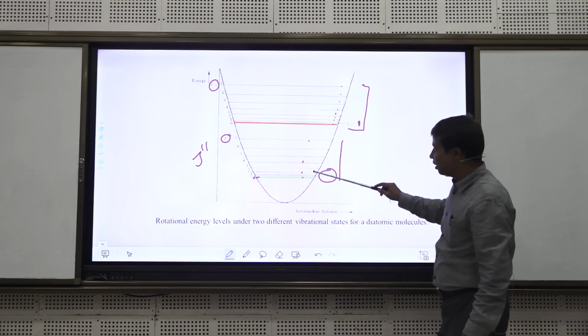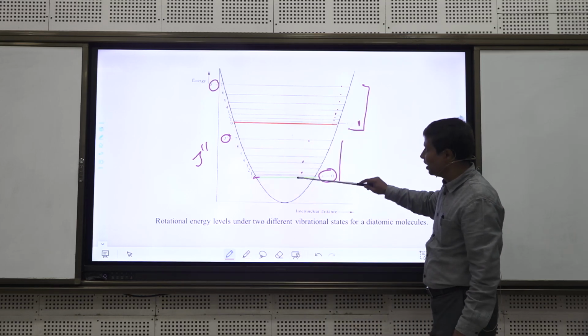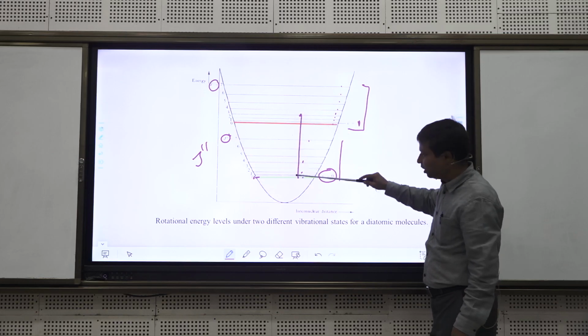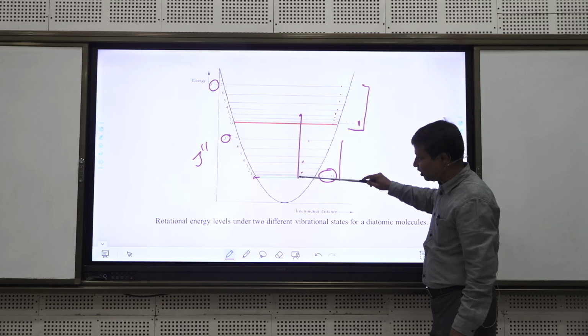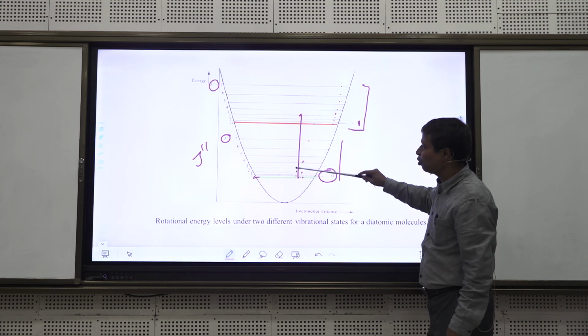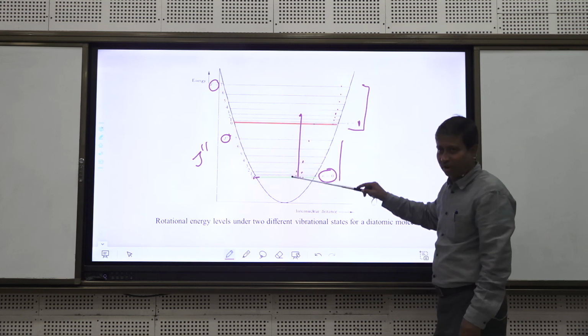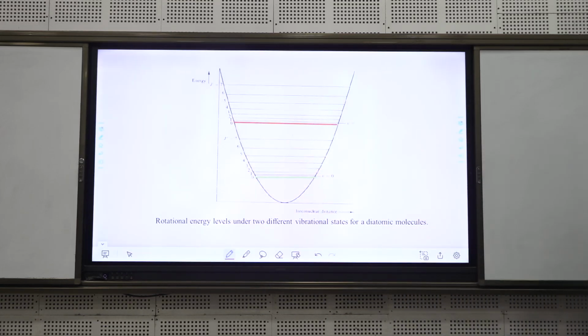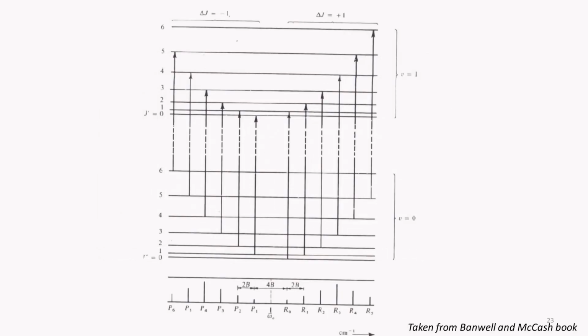So now we are thinking of a transition from one state to another. Whenever you are talking about a vibrational transition from one to another, your rotational energy levels also get involved. That is what we will now show. The next figure is taken from a manual book. It looks a bit complex, but it is not that complex.